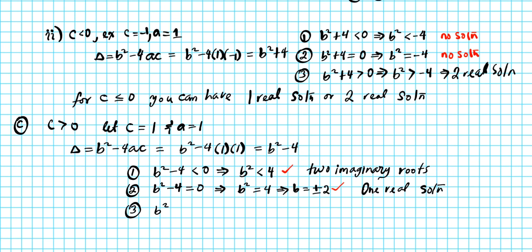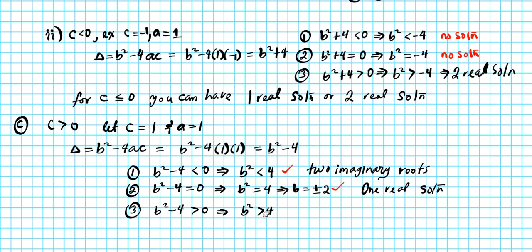Scenario number 3, b squared minus 4 greater than 0. Does this inequality make sense? I will add 4 to both sides. We have b squared is greater than 4. What this inequality is asking us is, is there any square that's greater than 4? Absolutely. 5 squared, 3 squared.